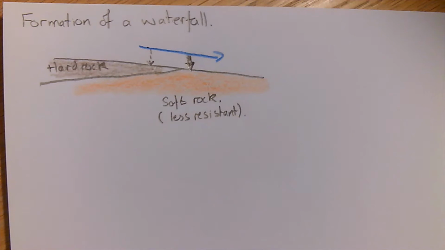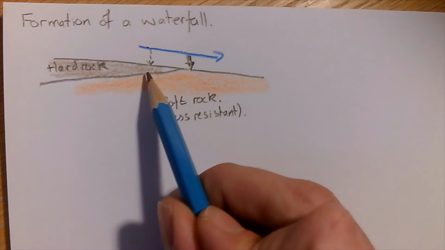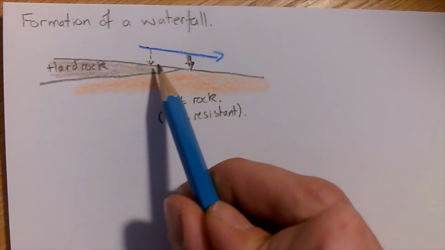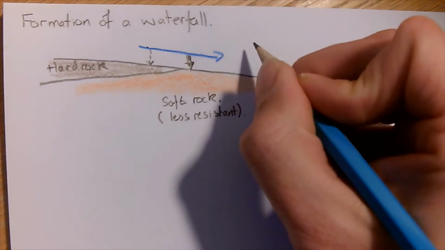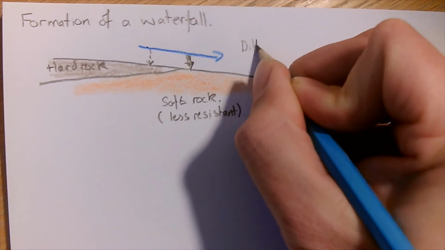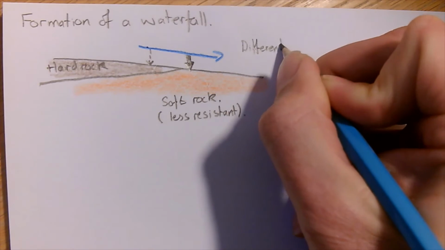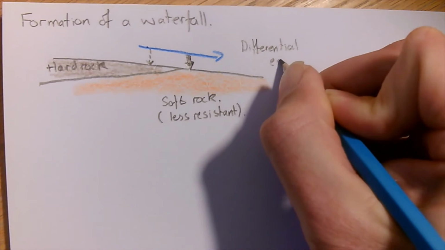Which type of rock is going to erode the fastest? Sam. That's right, the soft rock, because it's less resistant. We call this, the fact that there are two different rates of erosion, differential erosion.